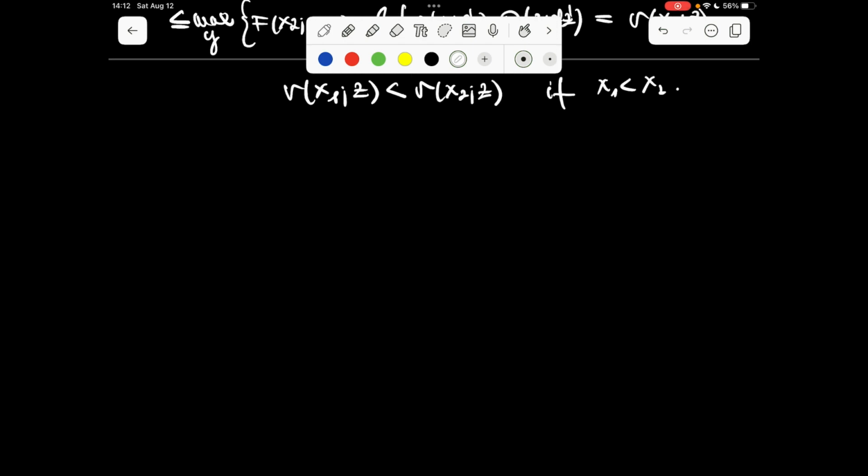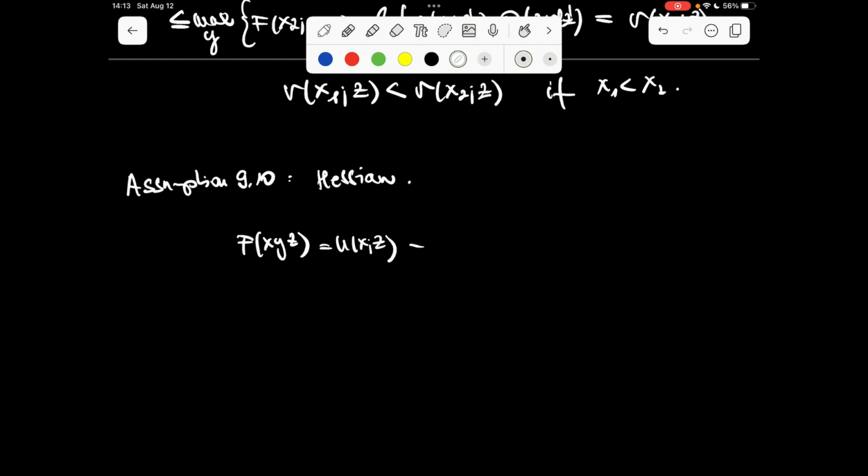Okay, assumption 9.10. This is the concavity assumption regarding one period return function f. Hessian is our solution to the problem. We have, once again, the one period return function, and we need to use the Hessian.